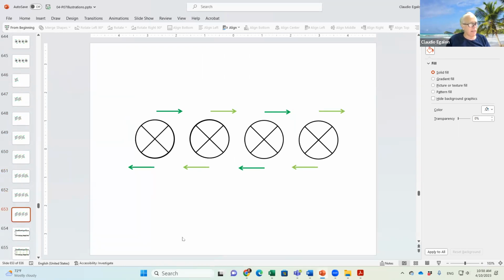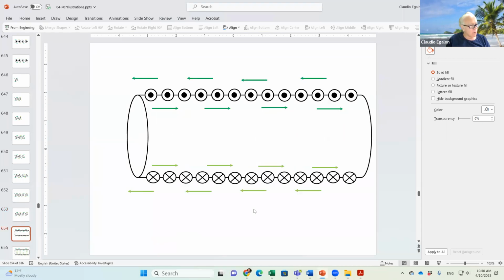At the bulk of the solenoid, again, the magnetic field is going to be only in the horizontal direction. The difference being that here at the top of this wire it is going to be to the right, and on the bottom it is going to be to the left. Let's take a look here.